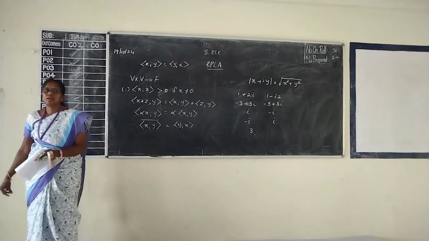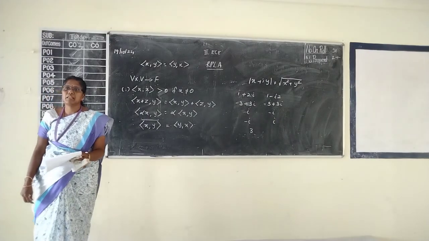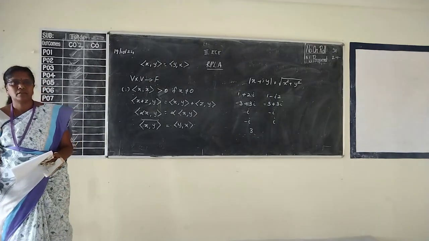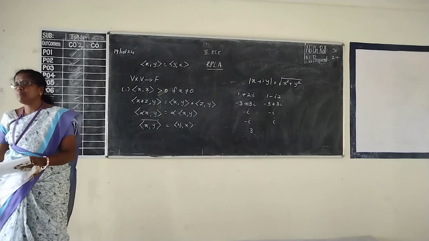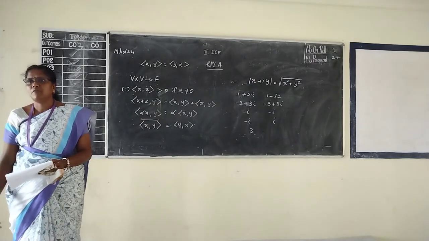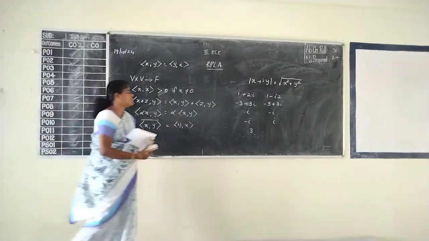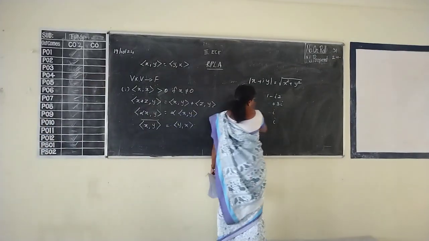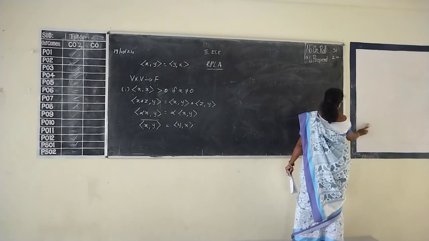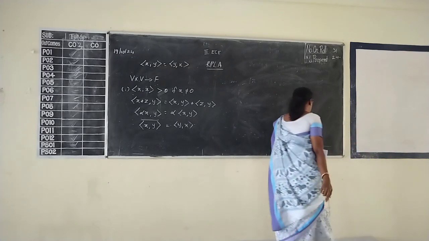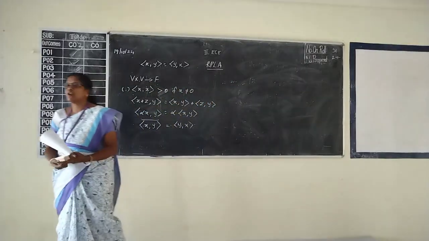If V is an inner product space, then for x, y, z belonging to V and scalar alpha belonging to F, the following statements are true.